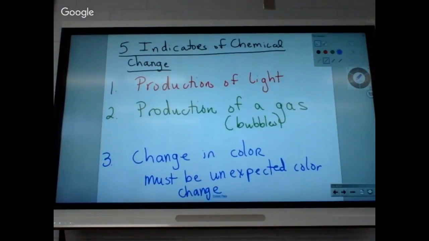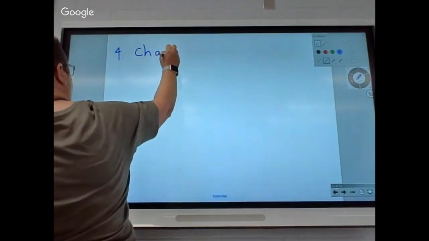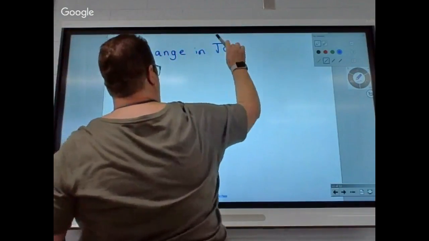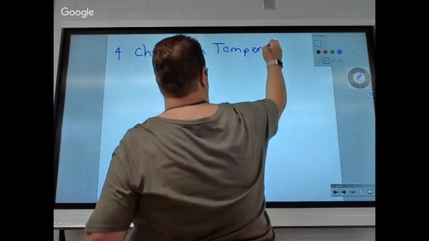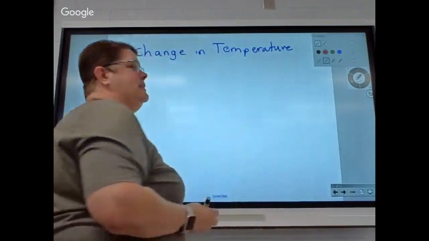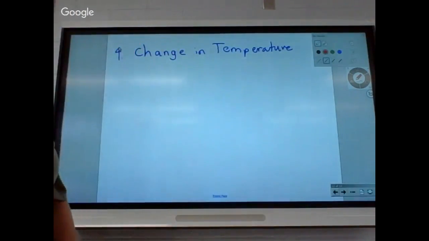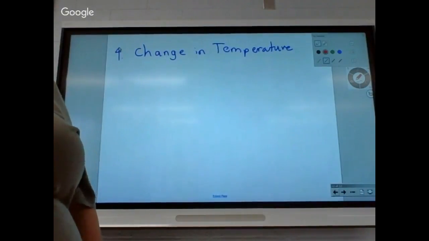All right, number 4 and number 5. Number 4 is change in temperature. Now, there's 2 temperature changes that usually you guys know when you come to me. So let's see if you do. They start with E's. Anybody remember the names for the temperature changes that you might have learned in biology class that start with E's?